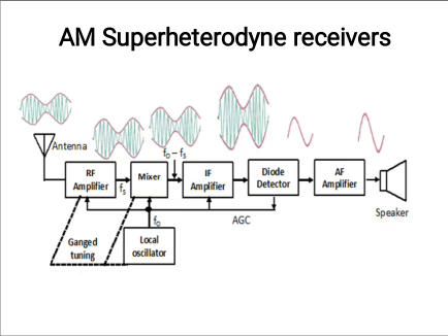It is more efficiently able to remove unwanted and distortion signals than other forms like the tuned radio frequency and other receivers. Due to the enormous advantages provided by the superheterodyne receiver compared to other radio receivers, they are widely used in all broadcasting radio receivers and commercial radios, and televisions also operate on the basis of the superheterodyne principle. Thank you.